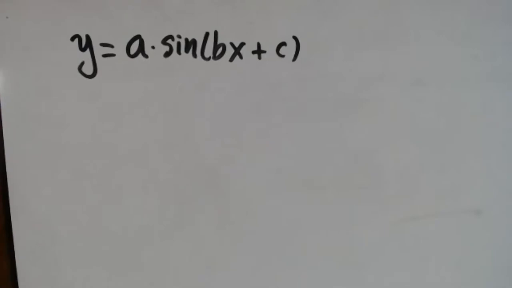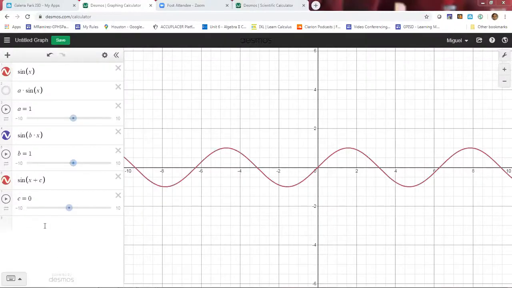So I'm going to Desmos again, right? Yep, I go to Desmos again, and I'm going to plug in right here, a times sine, parentheses, b times x plus c, correct? So that's my function.